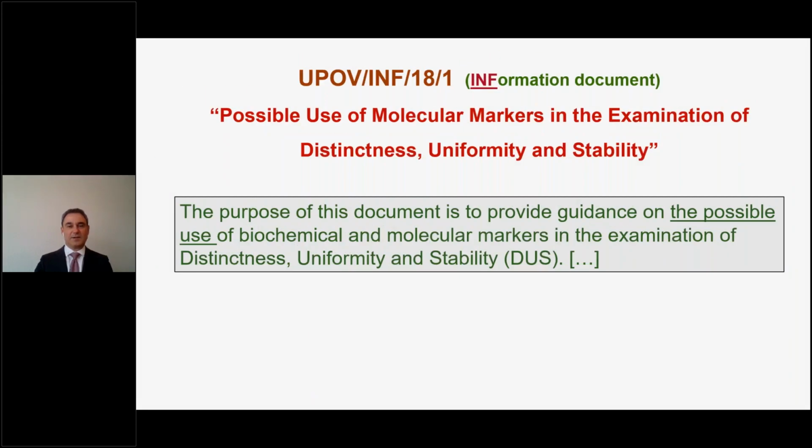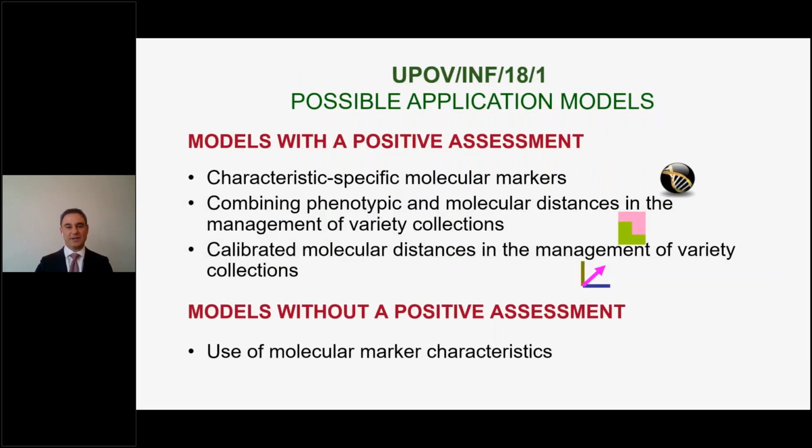The second document, Information Document number 18, is an exploratory document with the aim of reporting the outcomes of a 10 years process of consultation amongst UPOV members on possible uses of molecular markers for DUS examination.